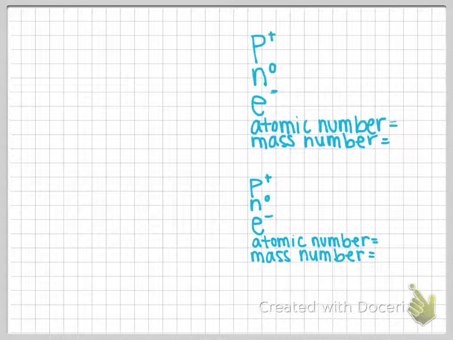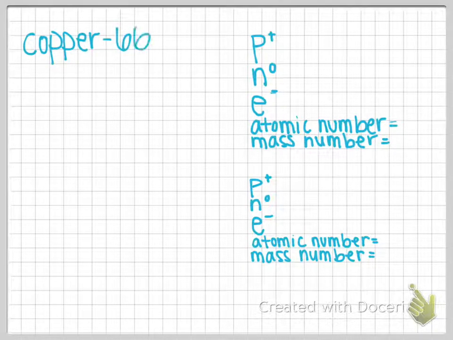Okay, I've got just 2 more examples for you on isotopes. If the only information I gave you was that the isotope was copper-66, you could fill out all of this information here. So for copper-66, we know that the mass number is 66.